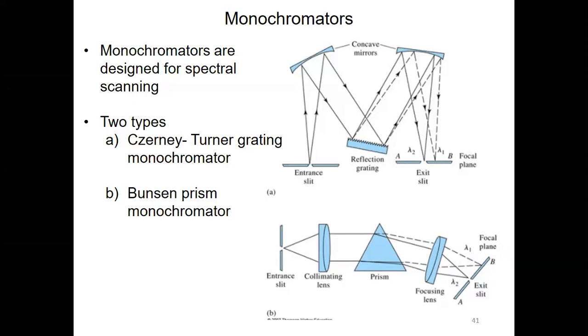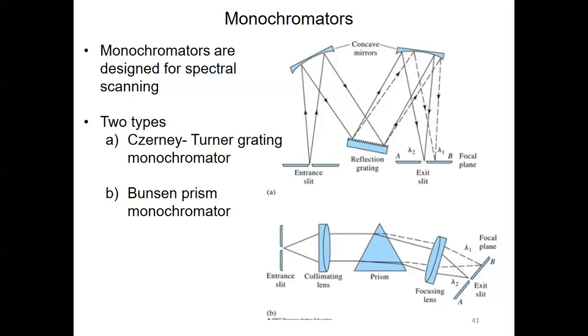absorption versus wavelength. In that case, we don't just have a single wavelength, but we have a range of wavelengths, right? So when we have a range of wavelengths, there should be a wavelength selector that handles a range of wavelengths.